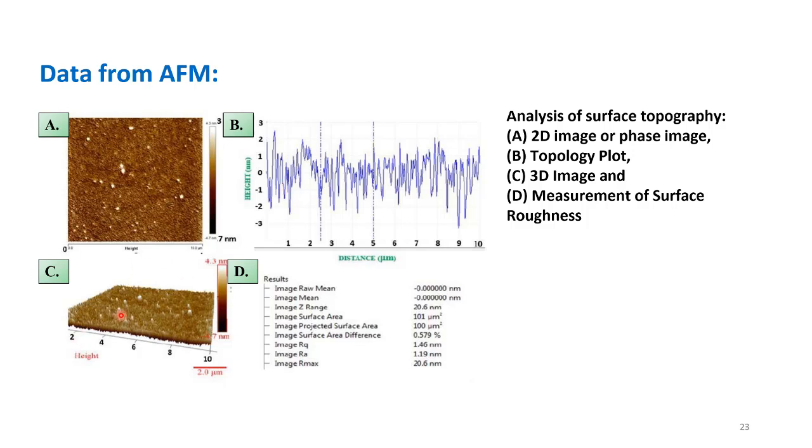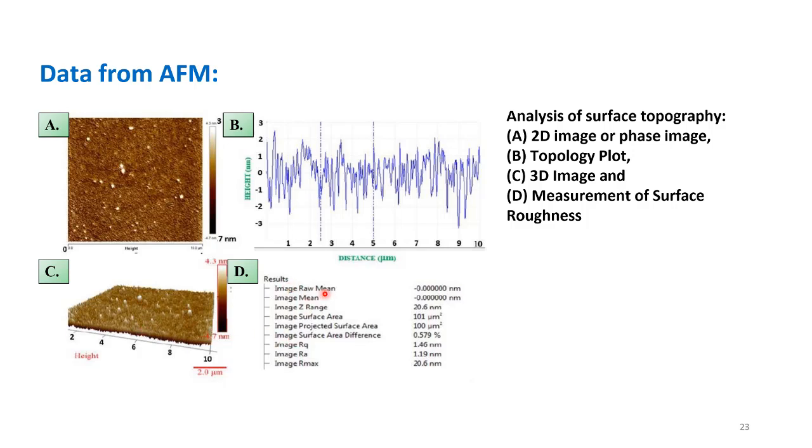Then we have the 3D image. This 3D image we can also get from the AFM. Here I just added the third dimension, Z stacking, the Z image, and from the contrast gradient I know how much the height is, so the maximum height and minimum height I can observe using this 3D plot.